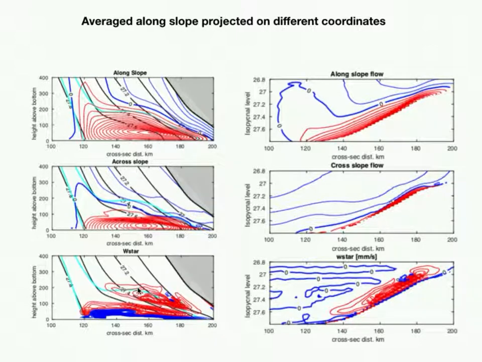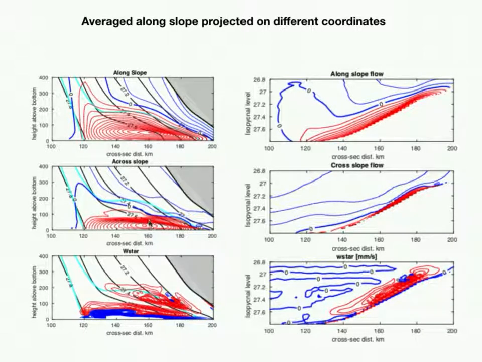What I find interesting here is that we have a better resolution of the distribution of the W star on isopycnals, and we clearly have a patch very close to the bottom, and we have a secondary one. So it's organized into two different patches.